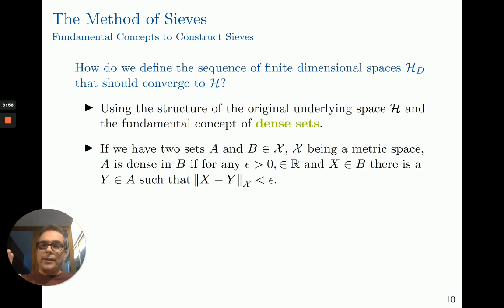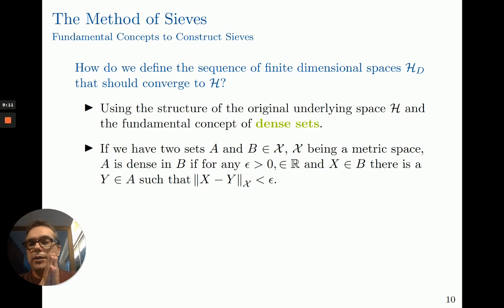So we're basically saying that we can make x and y very close to each other. So we are approximating these functions.